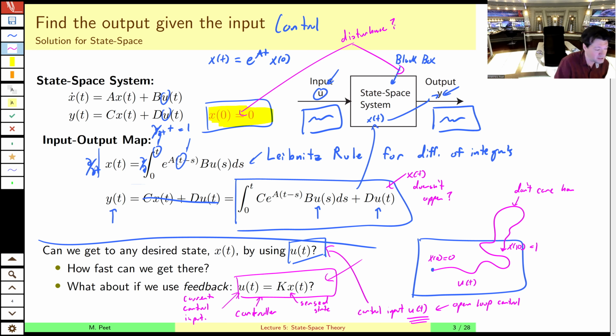In practice, it could be in any state. You can't really assume that it's 0, but you can't really assume it's anything else either. So we very importantly will throughout the rest of this lecture assume that this is 0. If it's not, there's an extra term here, which is the solution becomes there's an e to the At x naught term, which also pops in. But we again are going to ignore that.